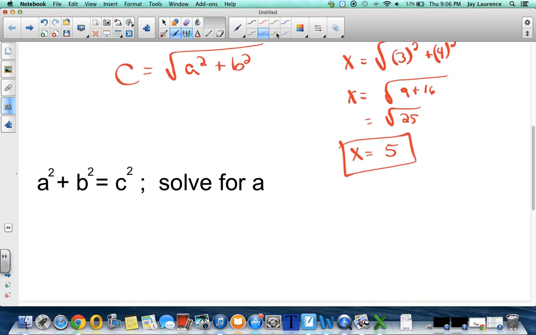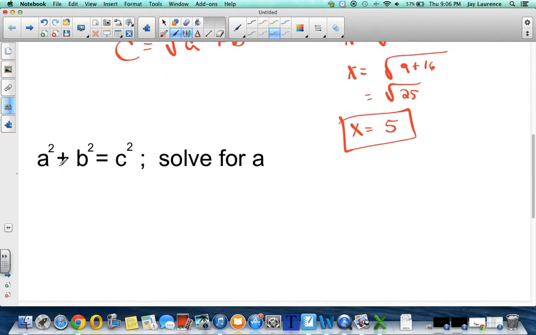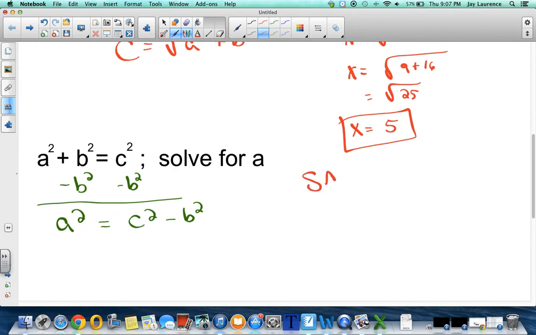Well, how would I solve this for A? Well, I want A alone. First, I'm going to get rid of this plus B squared. I'm going to subtract B squared from both sides. And so I'm going to get A squared is going to be equal to C squared minus B squared. And then to undo the exponent, now in case you're wondering, normally we listen to SADMEP, but if I'm working with exponents, I'm going to listen to SADME.